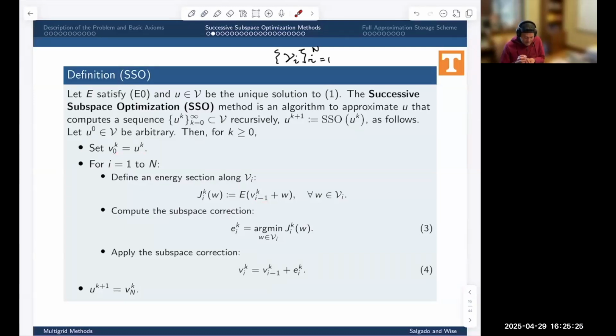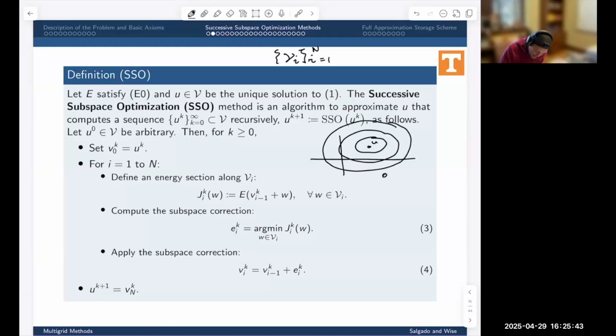And so basically we're successively going through, and the picture of it is like this. We're trying to get down to u, and we've got some energy which has its isosurfaces or isocontours. And so we're basically starting out here at, let's say, v_0.